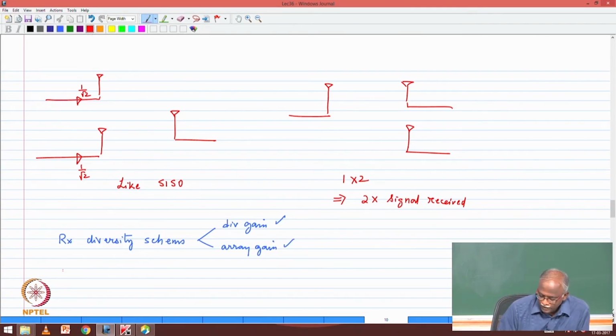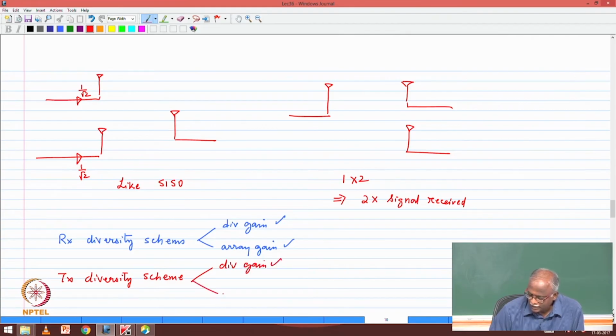On the other hand, TX diversity schemes, because I have to conserve power, I have to do the scaling of the signals. So diversity gain, yes; array gain, no. Only diversity gain, no problem. In a fading channel, diversity gain is a huge advantage anyway, so we will take that as a bonus.